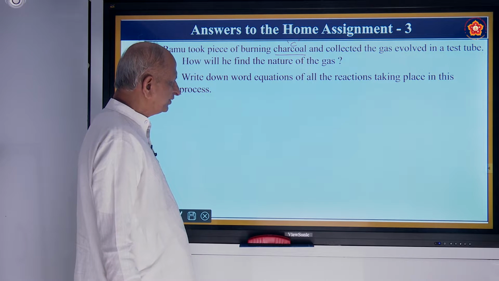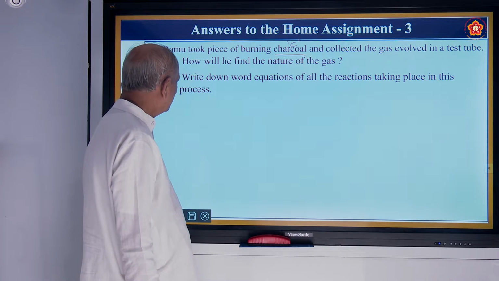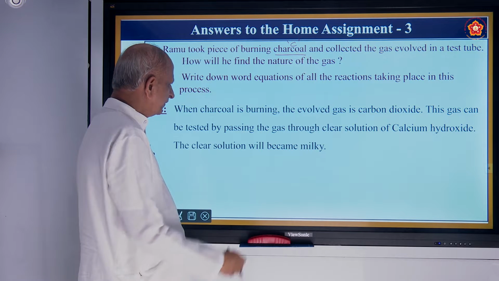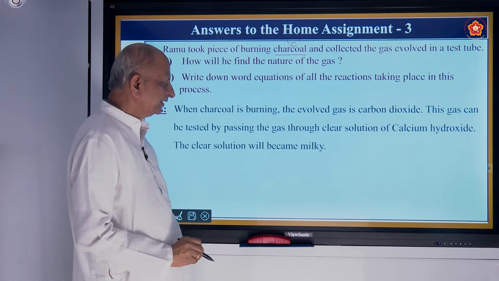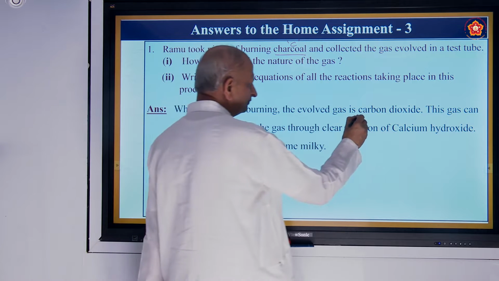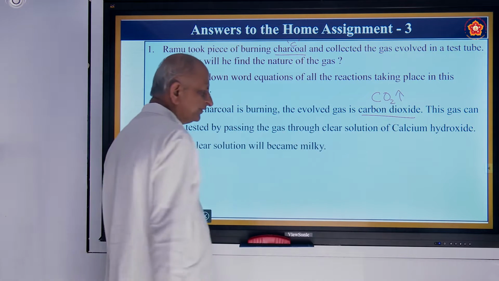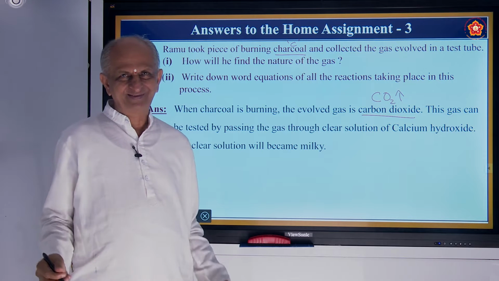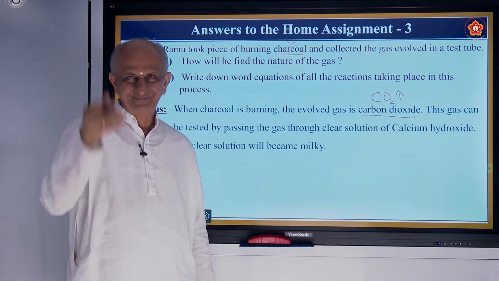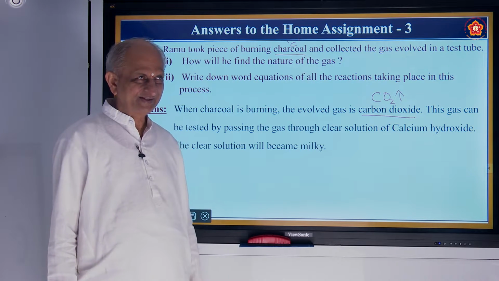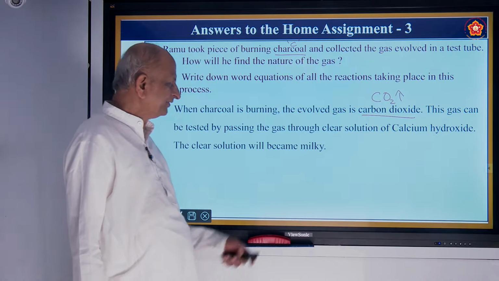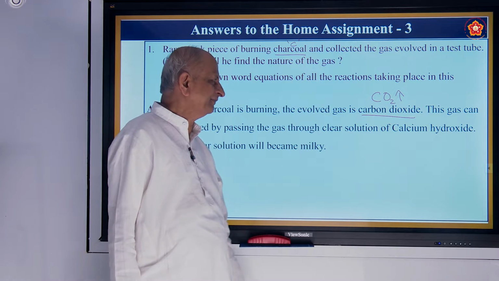Write down the word equations of all reactions that take place in the process. So when charcoal is burning, the gas is carbon dioxide. In villages, when they burn wood, you have seen some smoke coming out. And when it catches fire, it forms carbon dioxide.